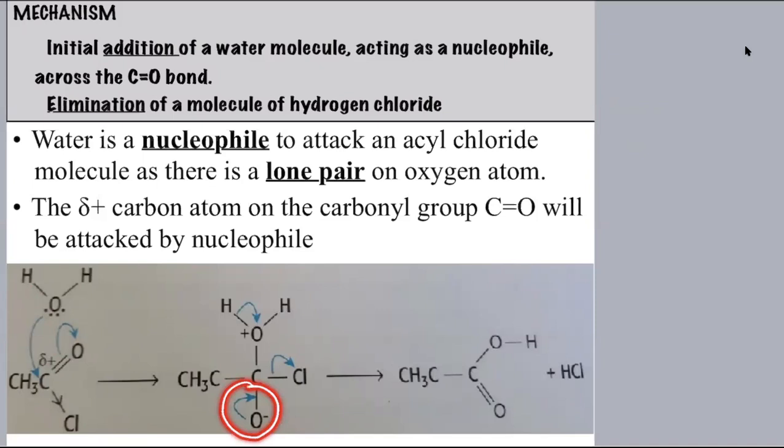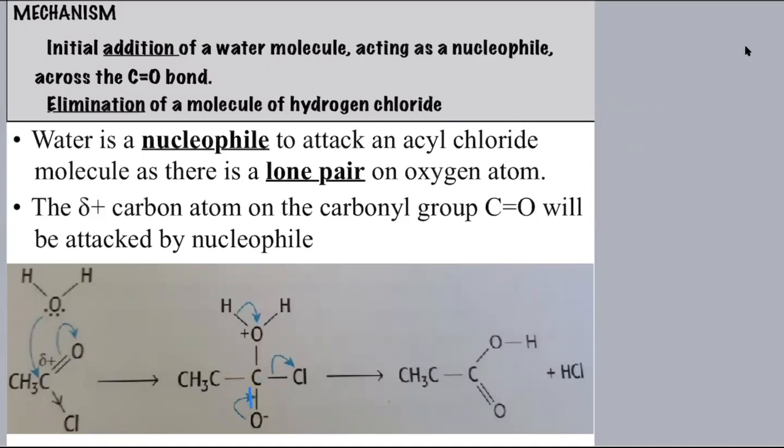Now you can imagine if this bond is formed, that carbon in the center would have 5 bonds. I hope you can see that. Let me just draw this. If this was a new bond, this carbon will have 1, 2, 3, 4, 5 bonds. So that means another bond has to be broken.